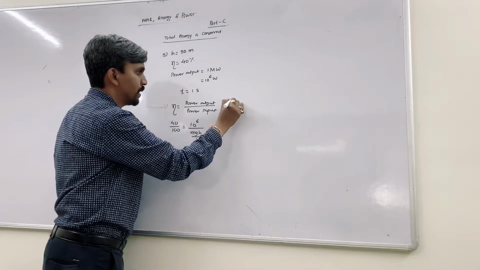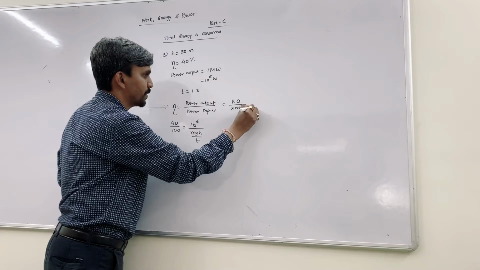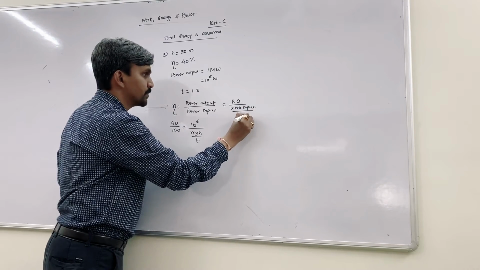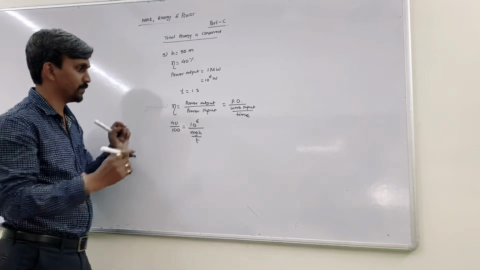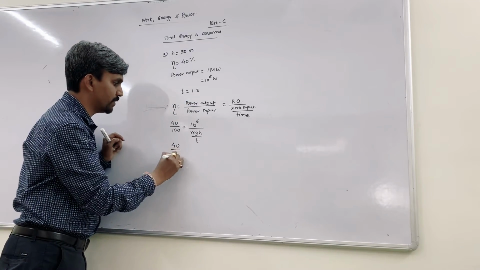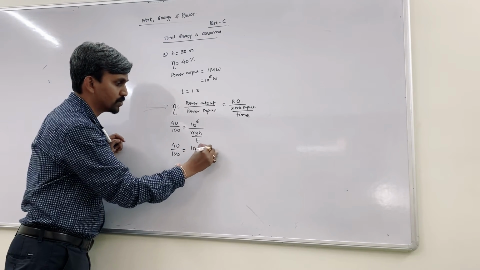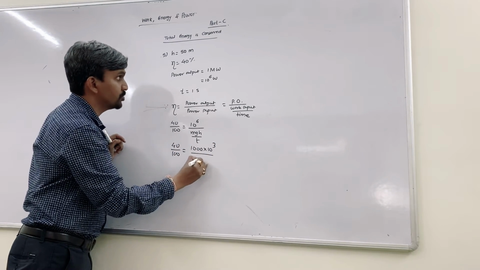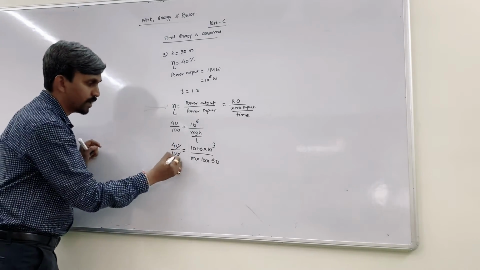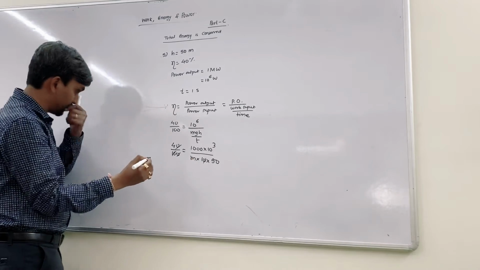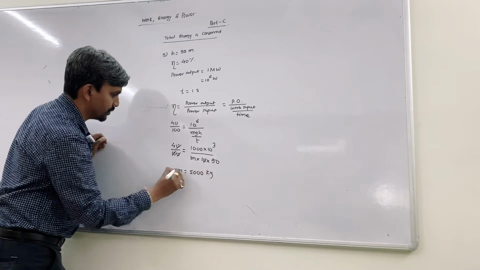Work input is nothing but mgh upon t, in each second. t is 1 second. So this is 40 by 100, and this is 10 raised to 6, I am writing as 1000 into 10 raised to 3. Mass is unknown, g value is 10, h is 50, right? If you solve this part, mass comes out to be 5,000 kg.